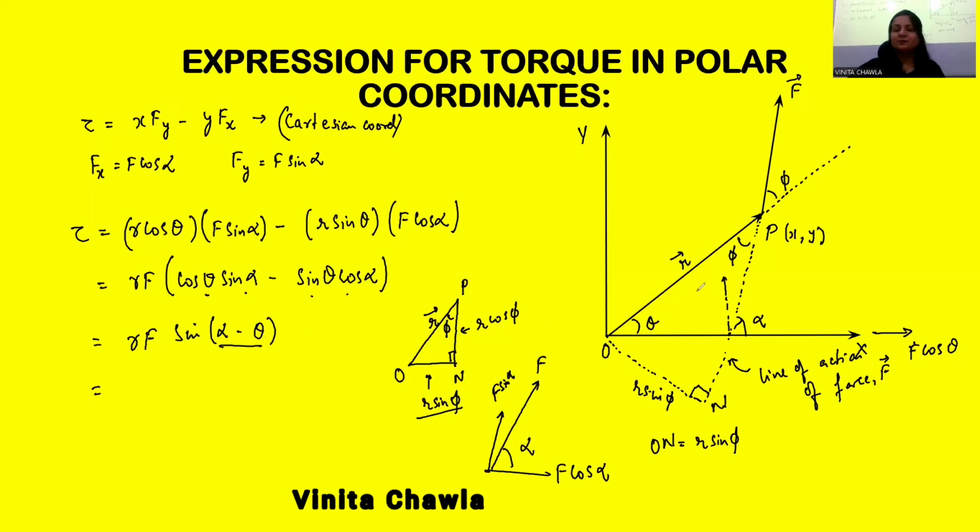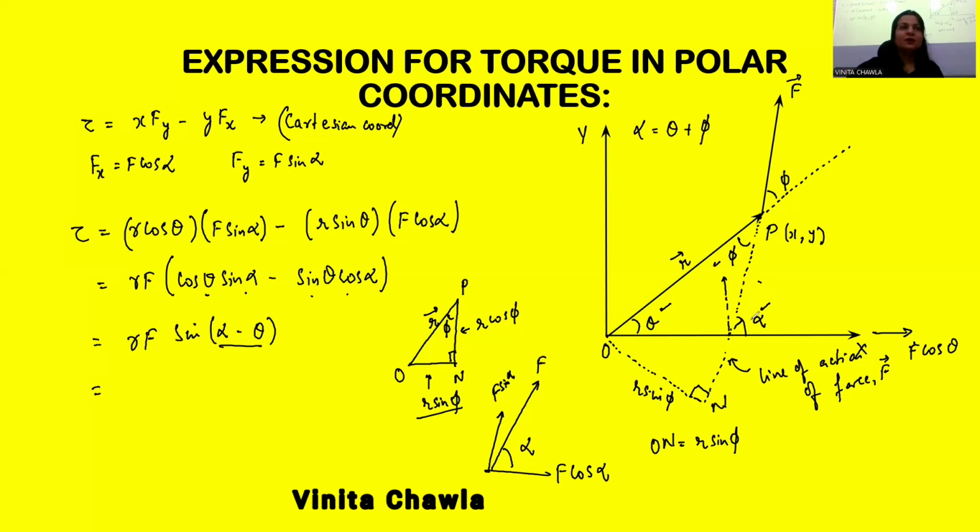See, look at this. How are alpha, theta, and phi related? Look at this triangle. Alpha, this angle, and this angle. You can see that alpha is the exterior angle, and we can write the exterior angle as a sum of two interior opposite angles. So alpha is theta plus phi.